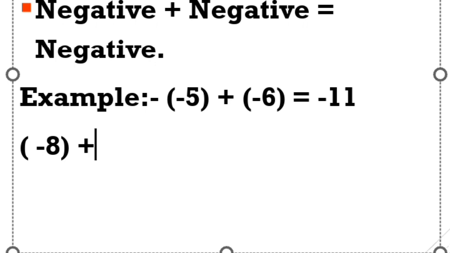Then plus minus 2 will give me what? You have two persons that you borrowed money from, which is 8 naira and 2 naira. Adding it together will give me 10. But you are still in debt, remember, so it's going to be minus 10. That is your answer.